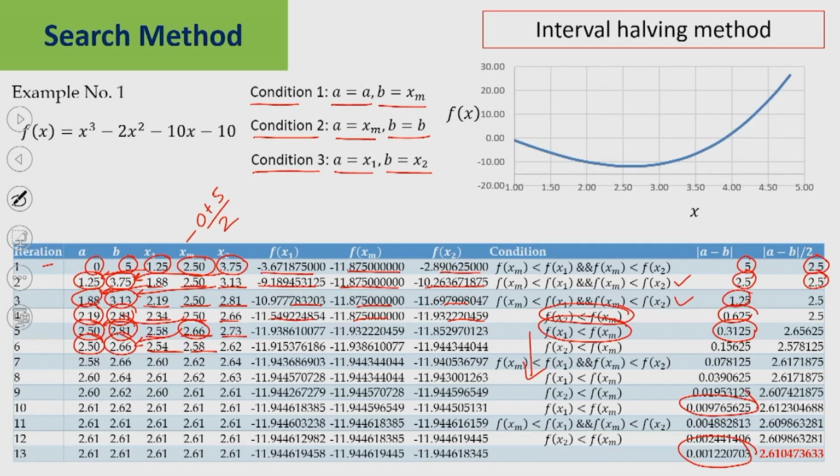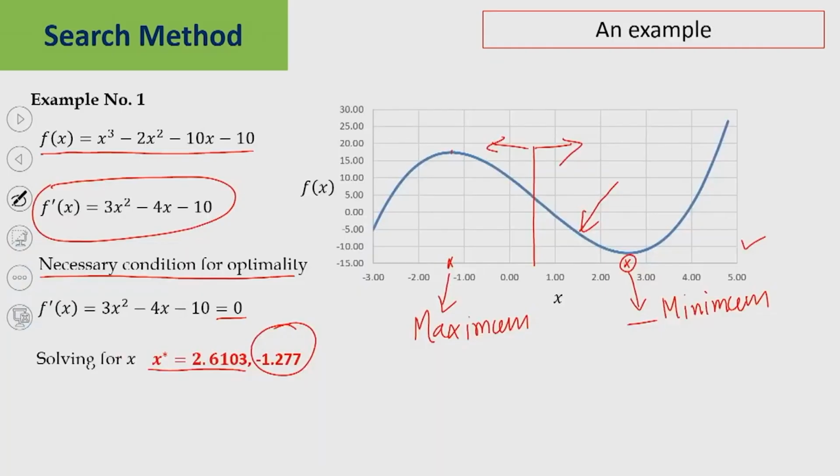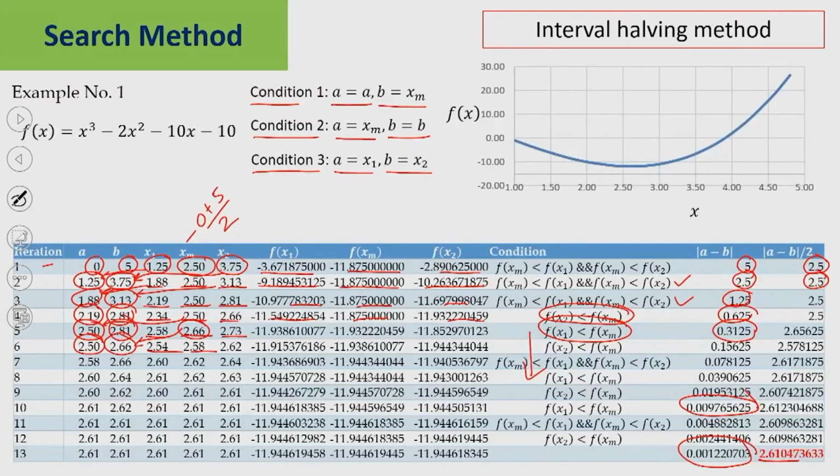Then the optimal solution is coming 2.6104. As you have seen, the optimal solution in that particular region is 2.6103 and you are getting 2.6104. If you do another 2-3 iterations, then you will get 2.6103. So, you can stop your iteration.